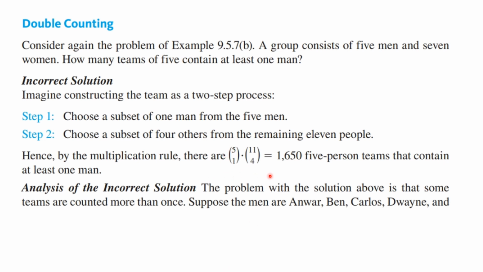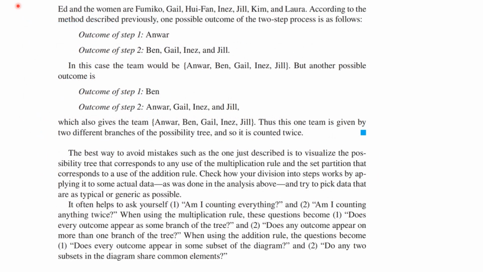Now, this is not correct because you didn't really implement the 2 steps correctly. So suppose the men are A, B, C, D, and E, and the women are F, G, H, I, J, K, and L. The outcome of step 1 was this one, and the outcome of step 2 is this one. But you see you're double counting.